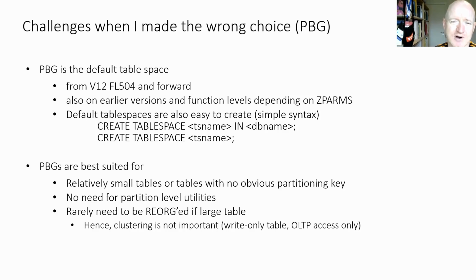There are ZPARMs that govern that. So if somebody just did a simple CREATE TABLESPACE TS-name IN DB-name, they would get a PBG at function level 504 or later, or even a CREATE TABLESPACE TS-name, they would get a PBG in the default database. So they're pretty easy to create, and if you don't make a conscious attempt to create one of the other tablespace types, you will get a PBG.